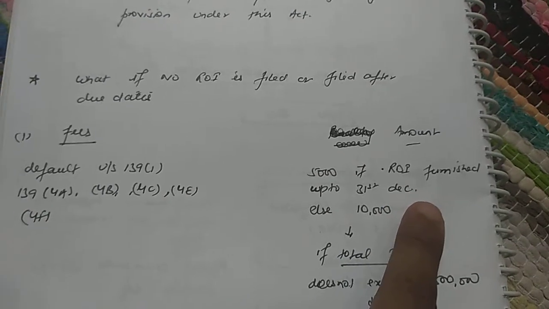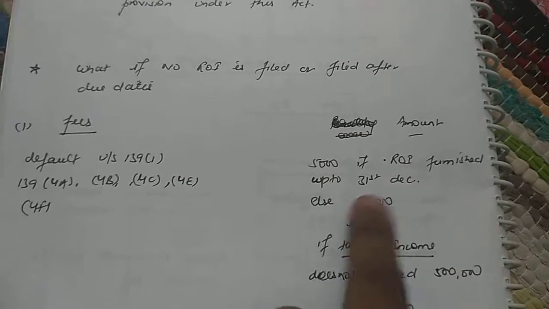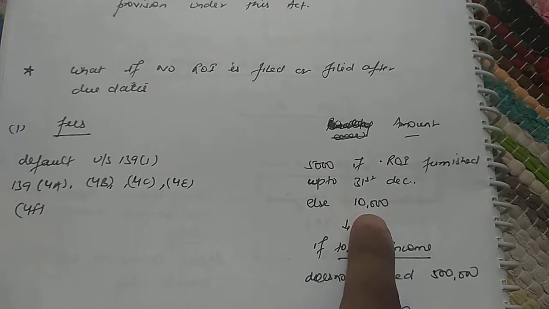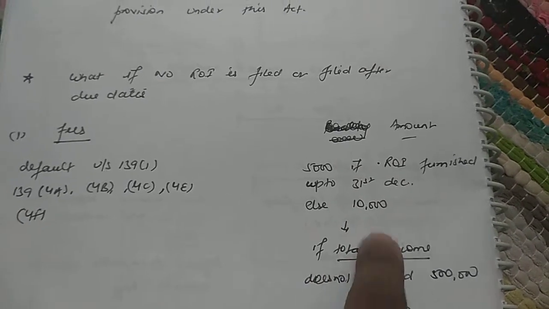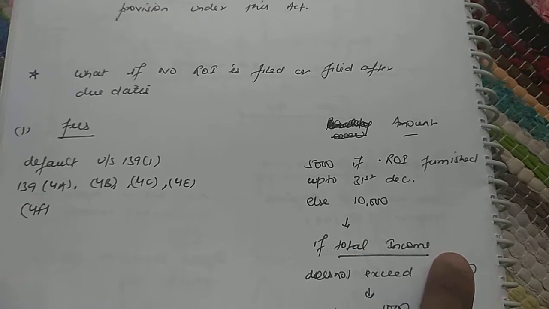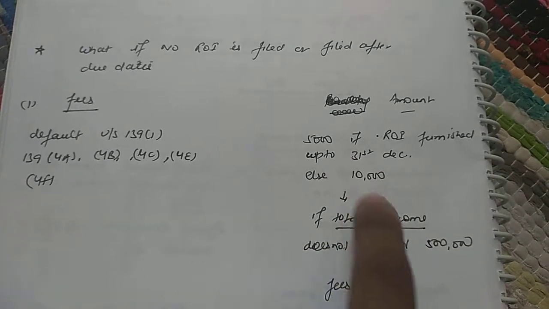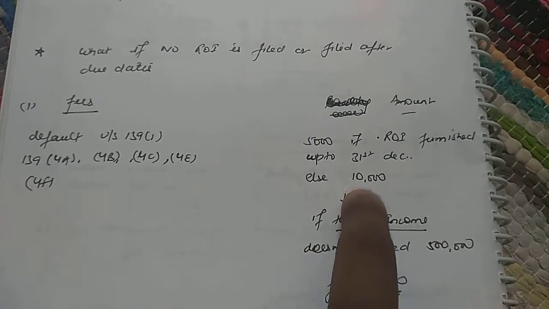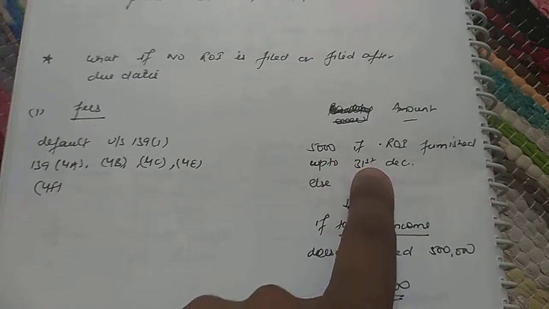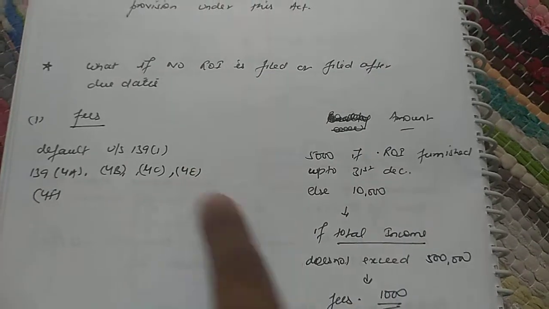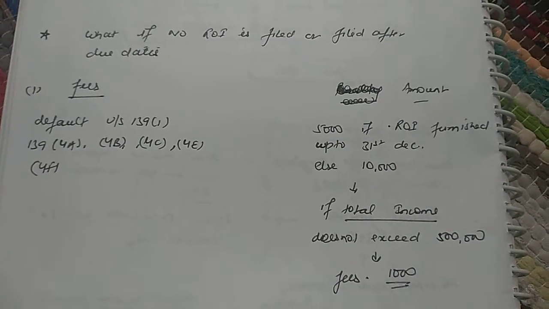However, if the return is filed after 31st December, then they need to pay a fee of 10,000 rupees. However, if the total income after deduction under chapter 6A does not exceed 5 lakh, then irrespective of the date of submission, either before or after 31st December, they need to pay a fee of 1,000 rupees. Let me repeat again.